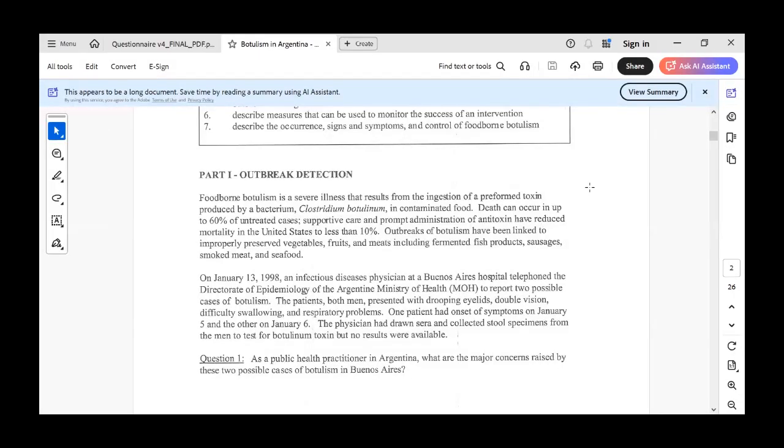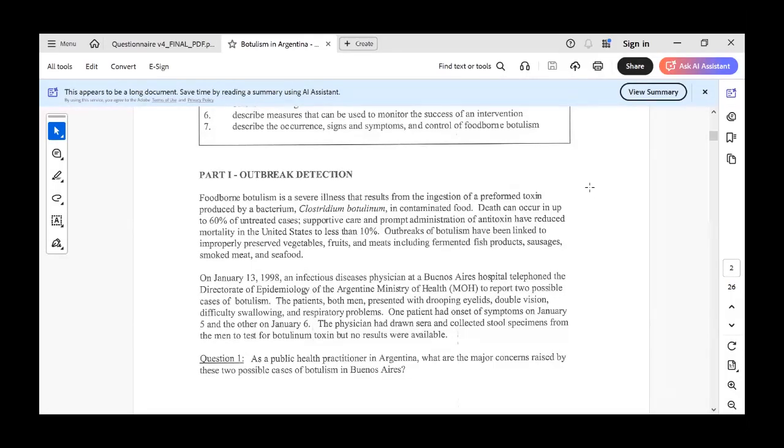On January 13, 1998, an infectious disease physician at Buenos Aires Hospital telephoned the EPI unit at Argentine Ministry of Health to report 2 possible cases of botulism. The patients, both men, presented with drooping eyelids, double vision, difficulty swallowing, and respiratory problems.